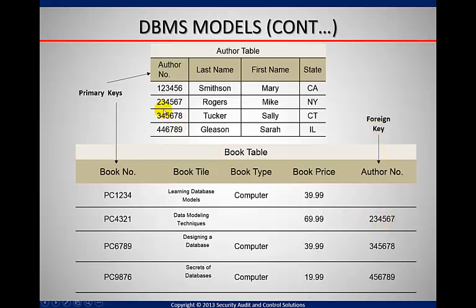The reason why I actually have a foreign key is that I can create cascading updates and deletes on actual records. For example, if I have here a primary key 234567 and my foreign key, which can contain duplicates, meaning that this author could have written many books and they have a relationship.